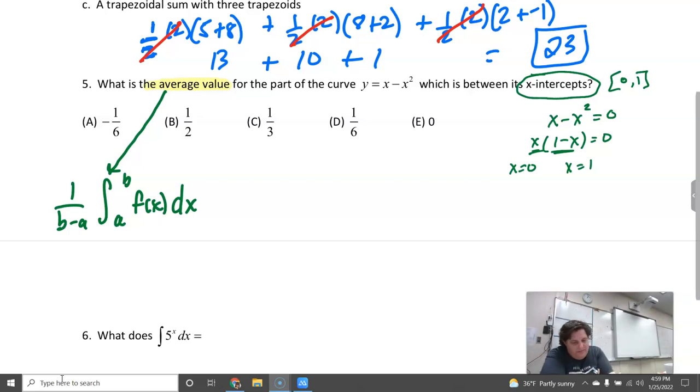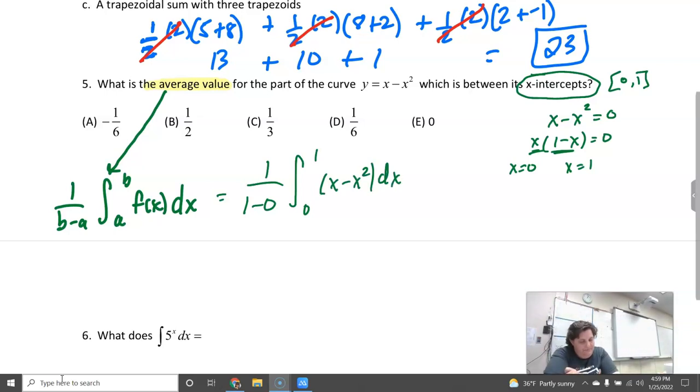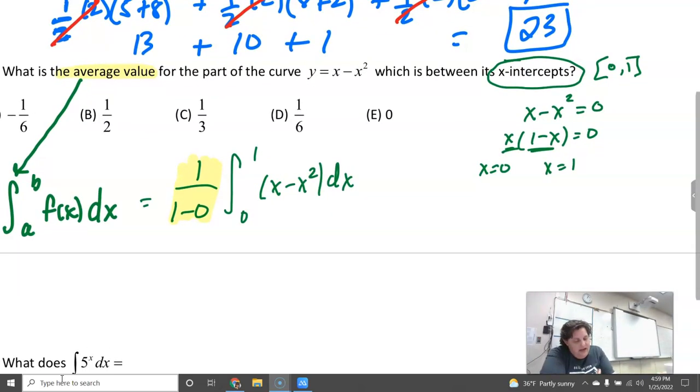All right, cool. So my average value is going to be 1 over b minus a, 1 minus 0, the integral from 0 to 1 of x minus x squared dx. All right. So in this case, the average value doesn't really do anything because it's just a 1 on the outside. All right, so that's fine. Let's go ahead and integrate this.